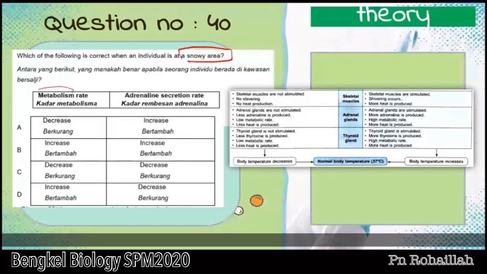Kenapa? Why? Because you need to remember the metabolism rate is involved of the respiration of glucose. So respiration of the glucose, the end product is to release heat. Boleh? So this heat will be used to make your body become warm.